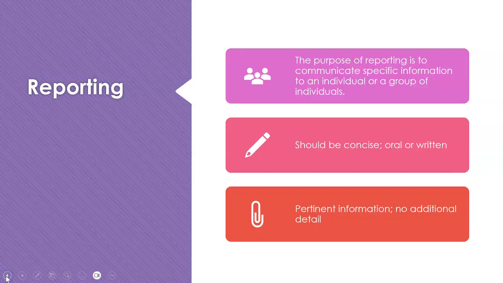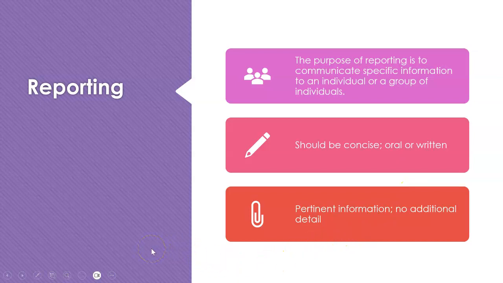All clients require documentation, which includes records of assessment, diagnosis, planned interventions, and subsequent care and evaluations.